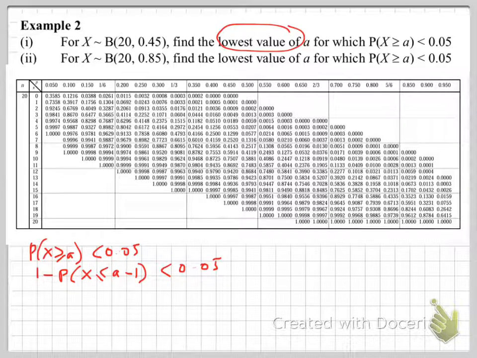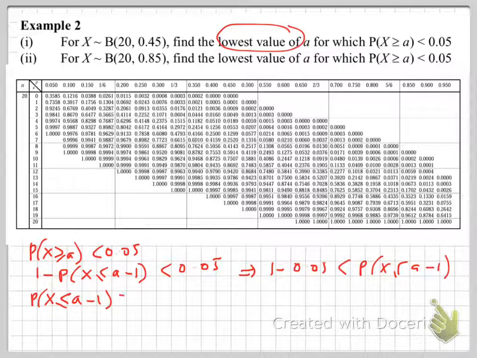Now if we rearrange this, we have 1 minus 0.05 is less than the probability X is less than or equal to A minus 1. And so what we're effectively looking at is a probability of some value A minus 1, which is greater than 0.95.